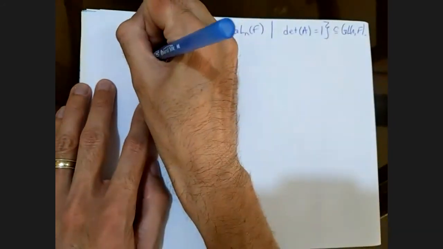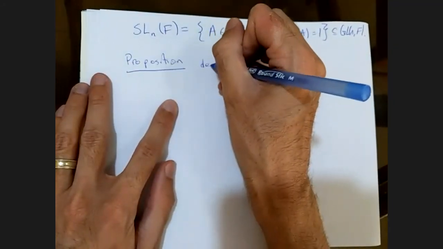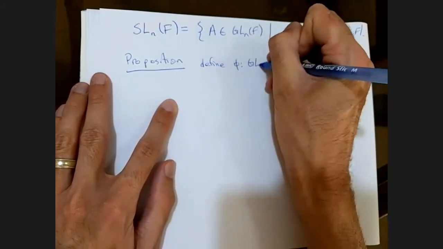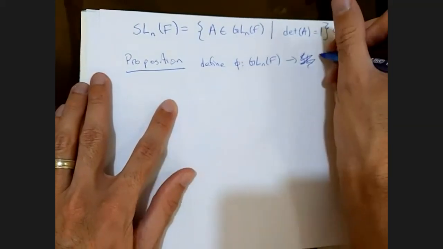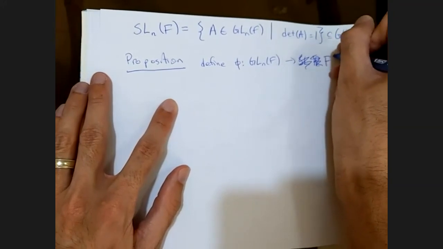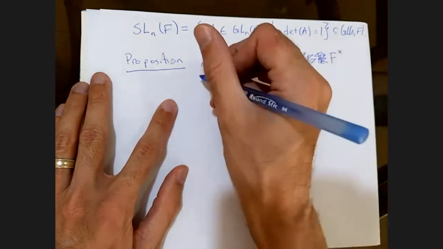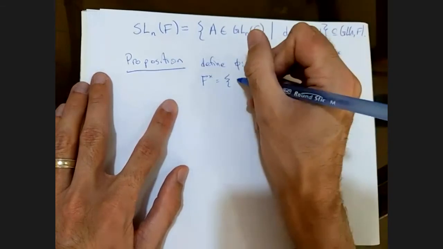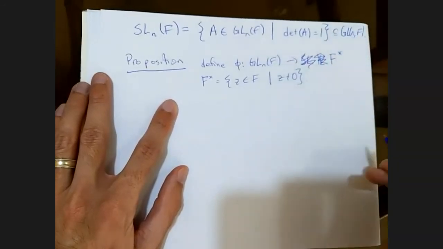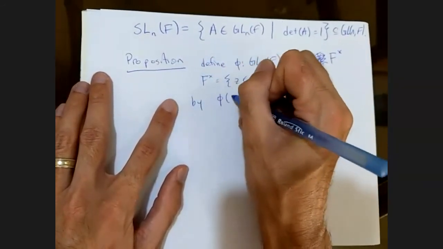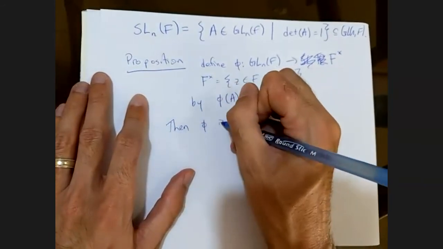And we have the following proposition. If you define phi from GL n to the non-zero elements of the field, F cross is z in F such that z is not equal to 0, and you define this by phi of A equals determinant of A, then phi is a homomorphism.